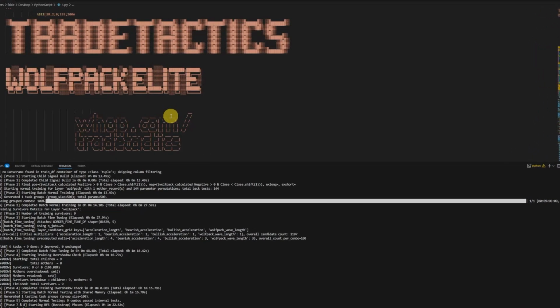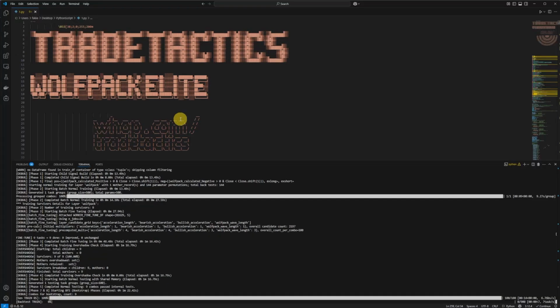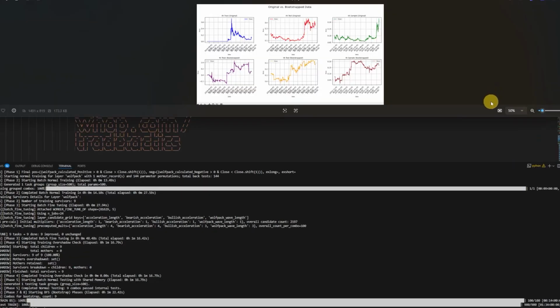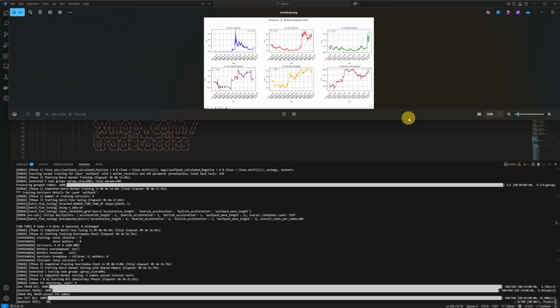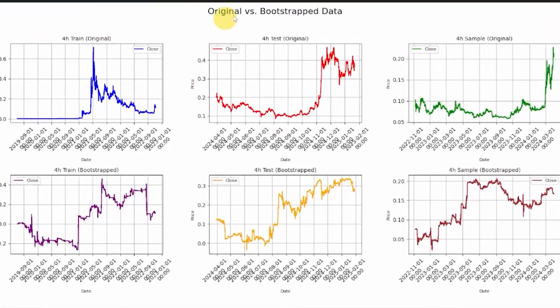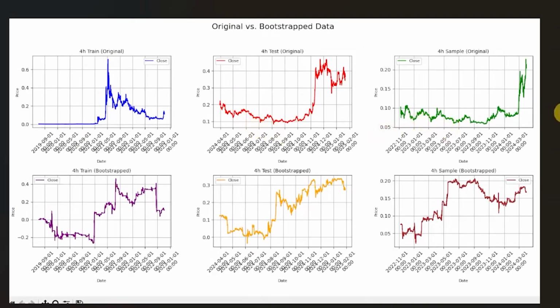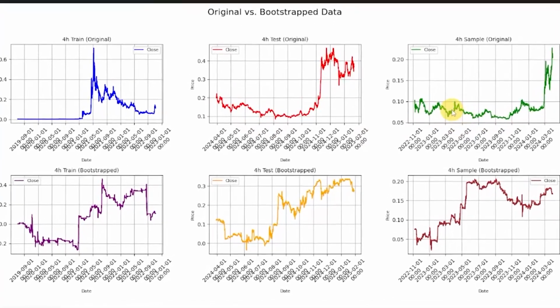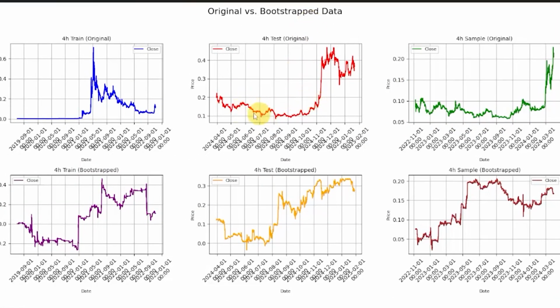So if you want to trade a certain stock or asset at a time frame, it can load that for you. Right now, what it's doing is randomizing the price data and building thousands of simulations. Here's kind of what they look like. The original price chart was this blue curve here, and then it randomized it into completely different configurations, and it's testing the strategy with those settings across all of them.